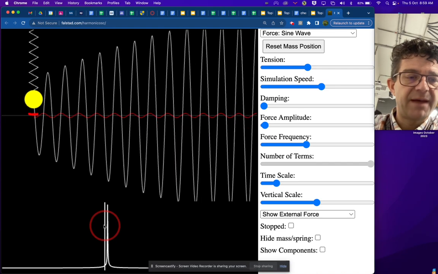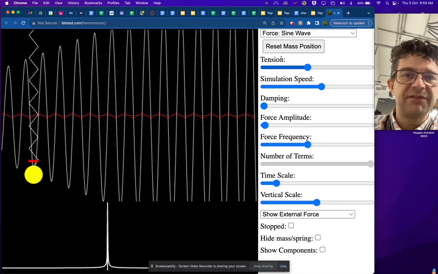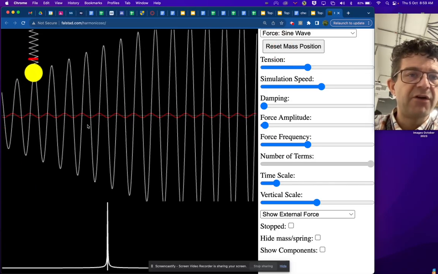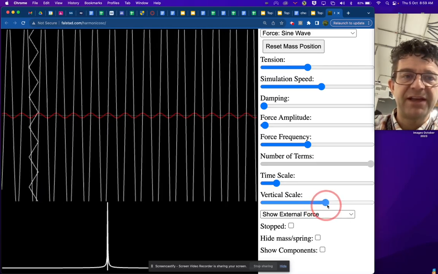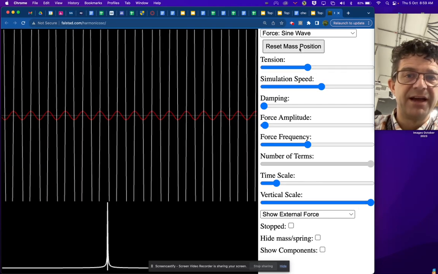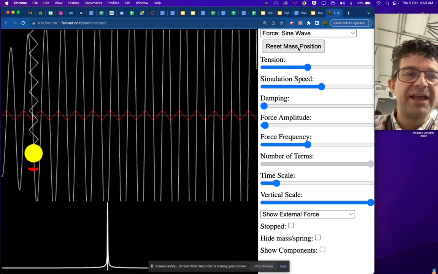Bringing this to that point of resonance, what we'll see is even when we reset, the very small drive frequency very quickly adds energy. I'm going to need to adjust the vertical scale here, and it's just gone. Right? I can reset the mass position. It just runs away completely.